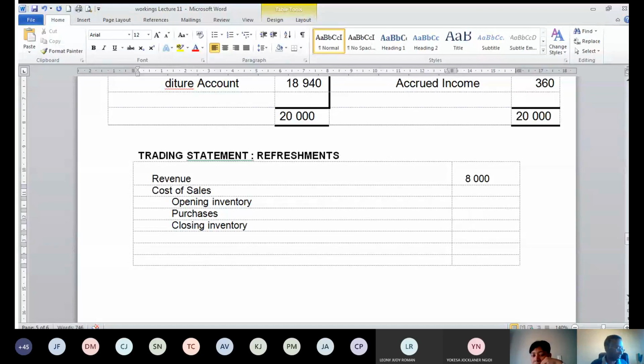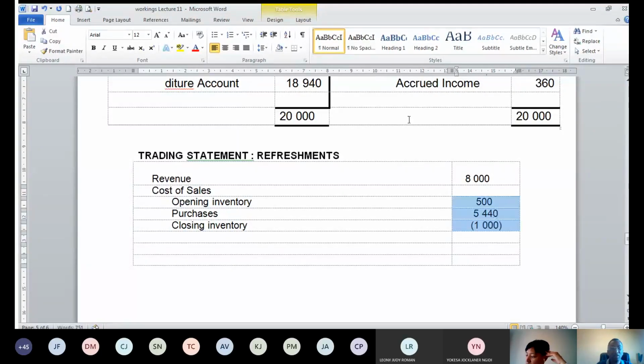All that information is right at the bottom of your list of accounts. The inventory at the start of the financial year was 500 Rand worth of inventory. The purchases of inventory is the amount of 5,440, minus the closing inventory, which is the inventory on the 31st of December 2016 of 1,000 Rand.